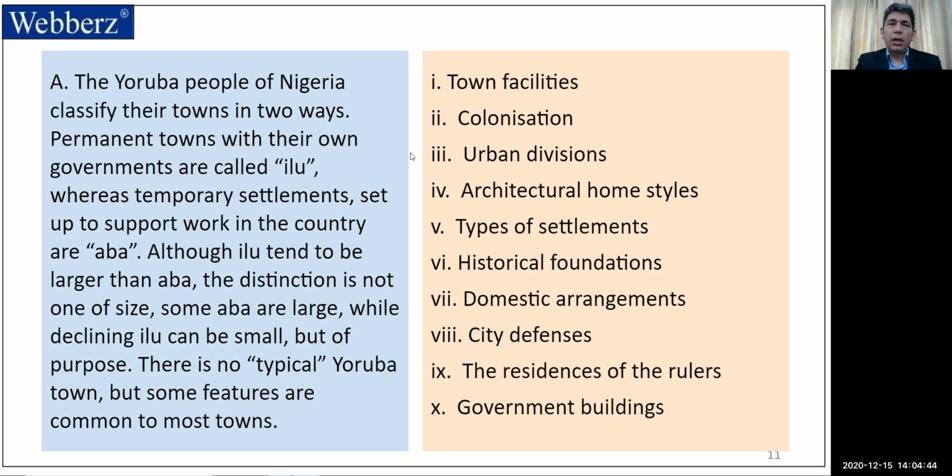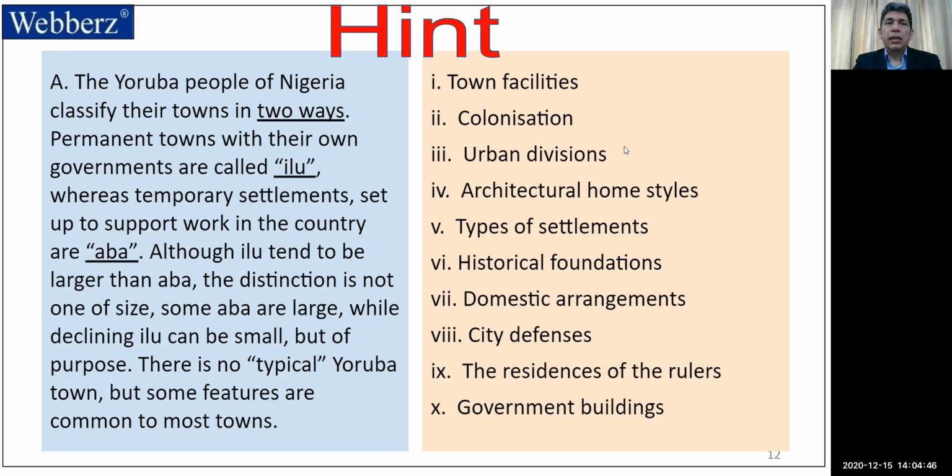Now, we see that the main sentence is the first sentence, where they're saying the Yoruba people of Nigeria classify the towns in two ways, that is Ilu and Aba. So according to this, the type of heading which is going to suit here is going to be something about the classification of the city.